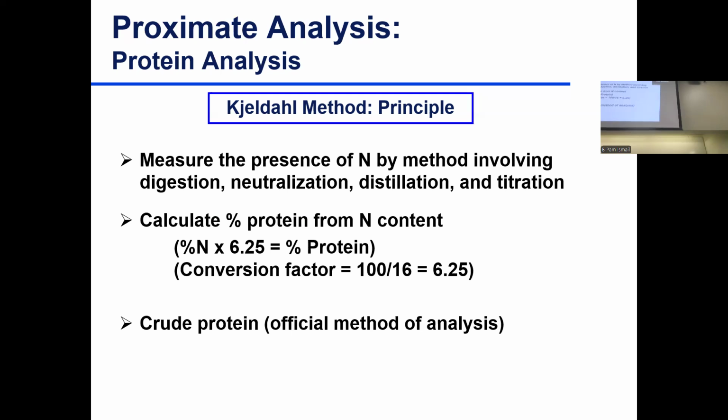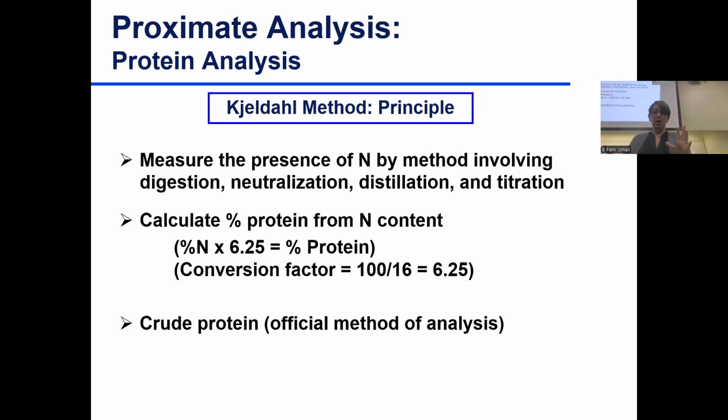So cheese, for example, has less total nitrogen than wheat, which has more total nitrogen in its composition. So that's why for wheat the conversion factor is lower than cheese, just because it's 100 over the percent of the nitrogen. Okay, so that's why different food products have different conversion factors.